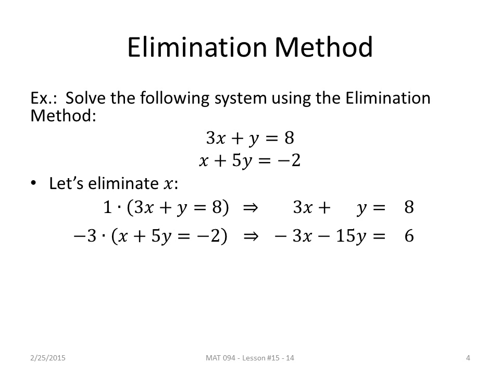In the top equation, when I do that, 1 times 3x gives me 3x, 1 times y gives me y, 1 times 8 gives me 8. In the bottom equation, minus 3 times x gives me minus 3x. Minus 3 times plus 5 gives me minus 15y. Minus 3 times minus 2 gives me plus 6.